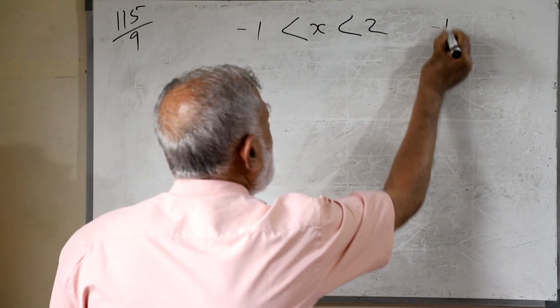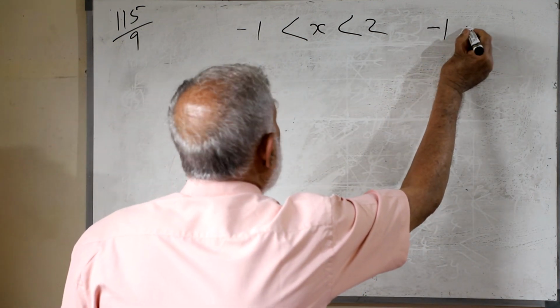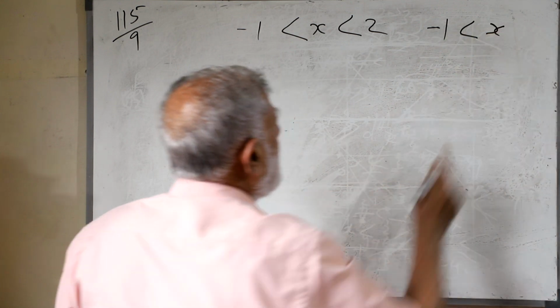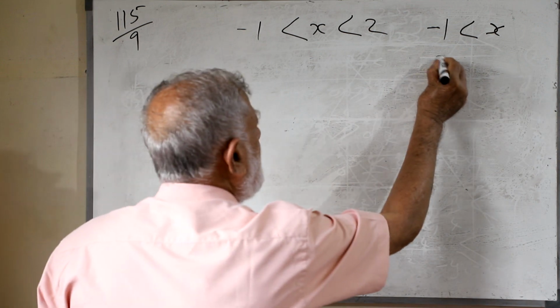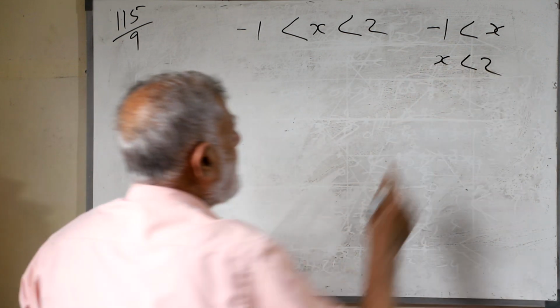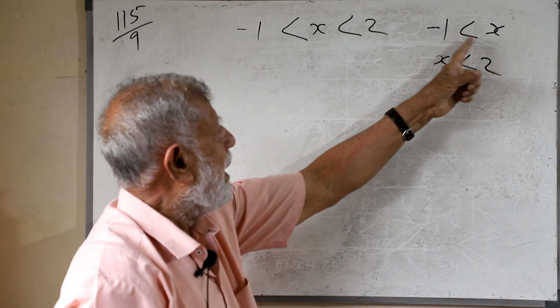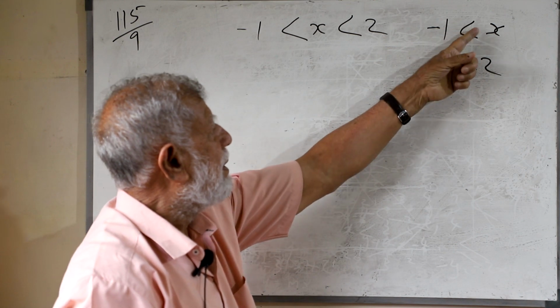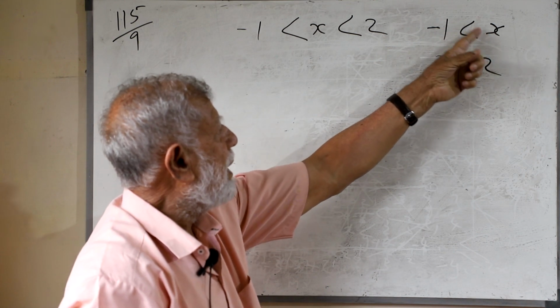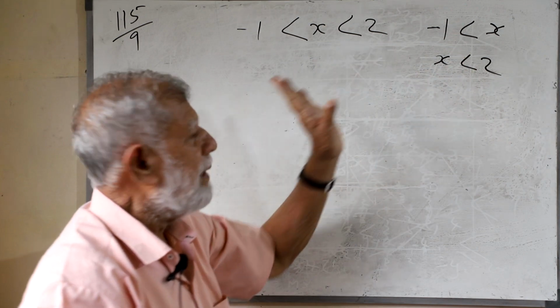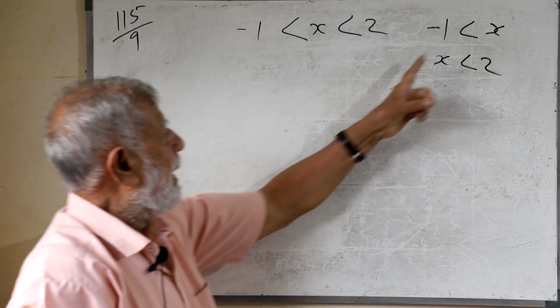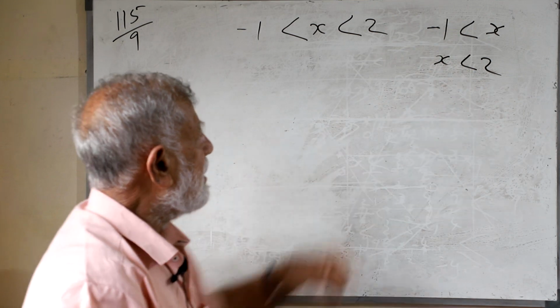It will be -1 less than x, and the other one is x is less than 2. So you have to read this as x is greater than -1. Both sides, x is greater than -1 and x is less than 2. If you read it like that, you won't make a mistake. So x is greater than -1 and x is less than 2.